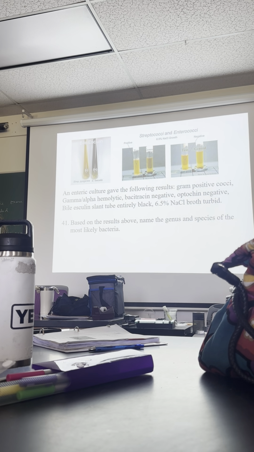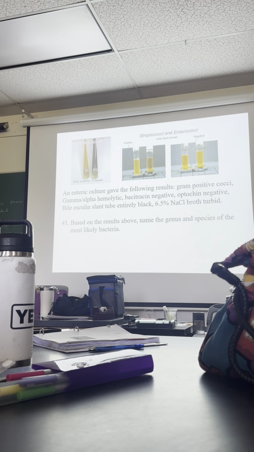Because there are two of them and you can't really differentiate them. What's the genus of the organism that's a gram-positive coccus, catalase negative, 6.5 positive, and bile esculin positive? Enterococcus. Oh, it's at the top, right?